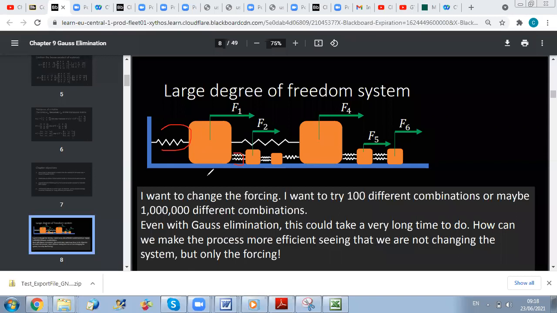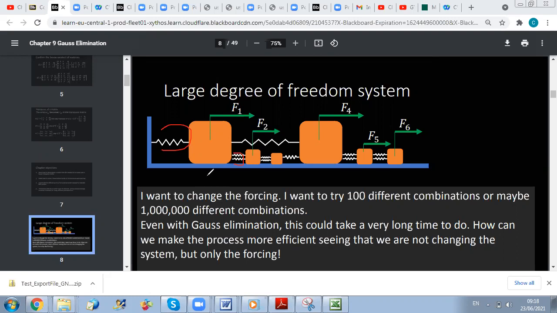So in this chapter, in case we keep the coefficients as they are and just vary the right-hand side vector, which is the external vector on the system, we can do better. When we talked about springs and masses, it was the forces. When we talked about the electrical circuit, it was the voltage. If you keep the same system and just vary what you impose on it, then instead of doing Gauss elimination each time, we will develop a method that reduces the computational time.